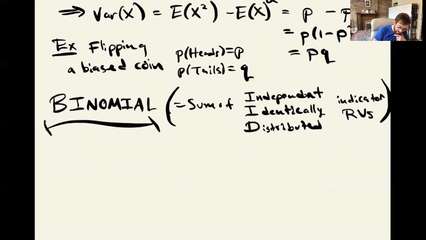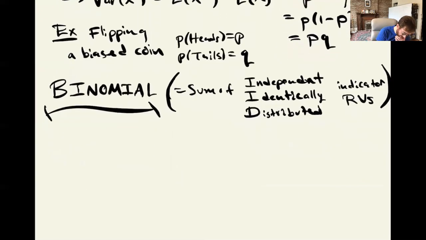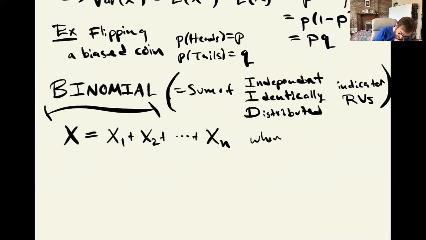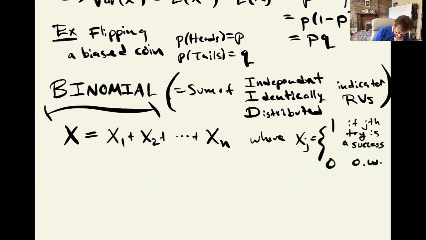So let's remember the way this works is that I've got my x, which is x1 plus x2 all the way up through xn, where xj is 1 if the jth try is a success and 0 otherwise.